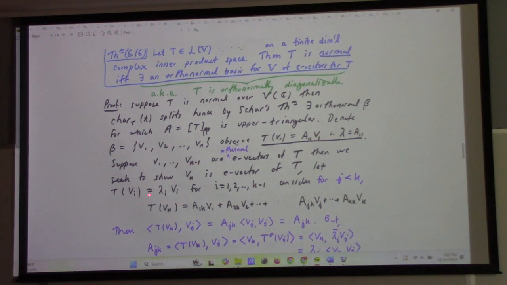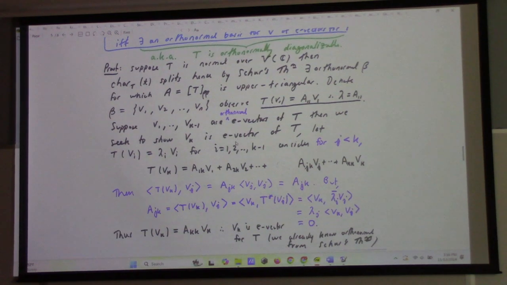And then if you look at the given upper triangularity, you're able to prove that the kth one is also an eigenvector, because everything here you can show is 0 except for the A_kk term, which ends up making A_kk the eigenvalue for v_k as well. And there I'm using the orthonormality of the basis, which is given to us by Schur's theorem.